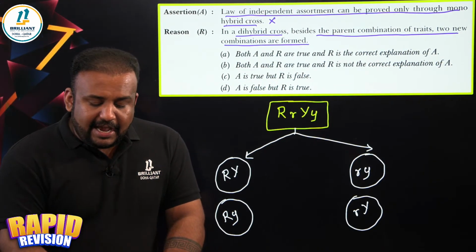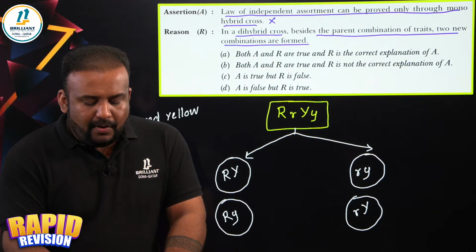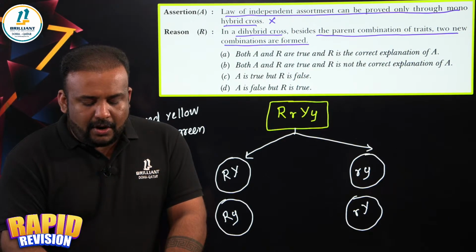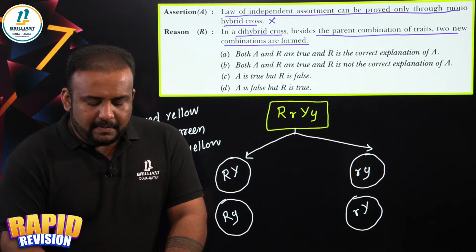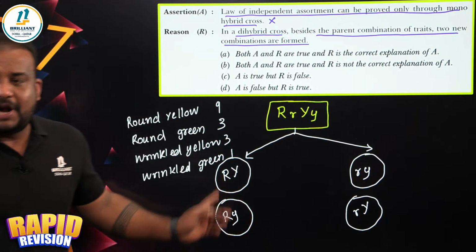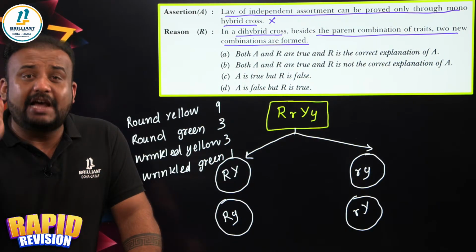Yes, in the dihybrid cross, we got 4 phenotypes: round yellow, round green, wrinkled yellow, and wrinkled green. The ratio was 9:3:3:1.